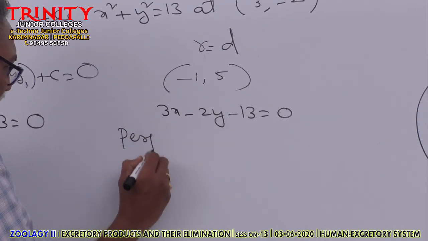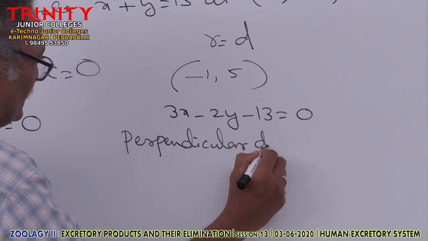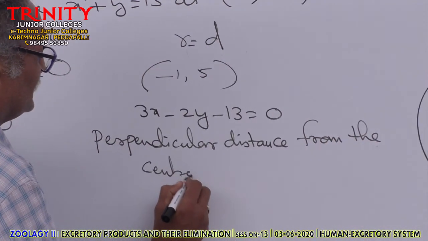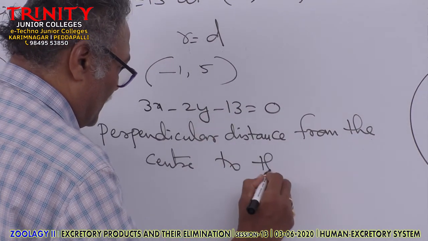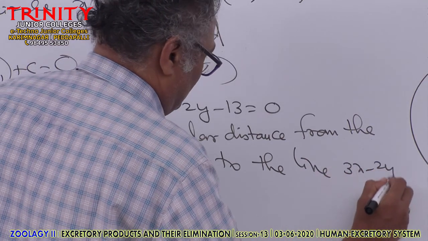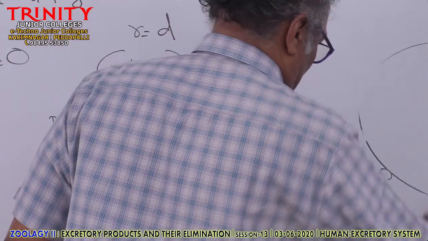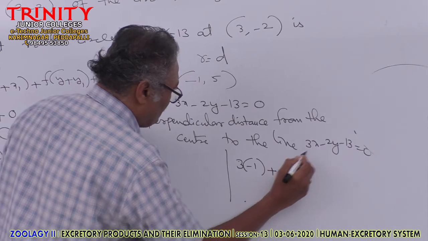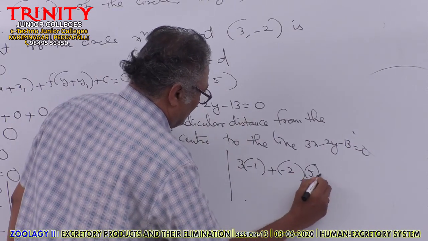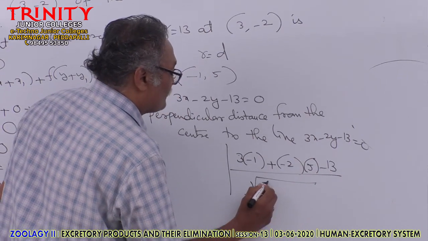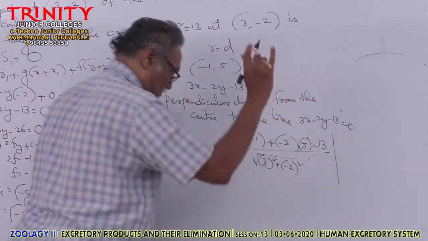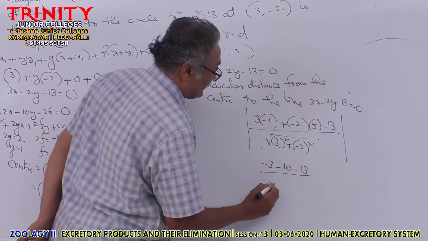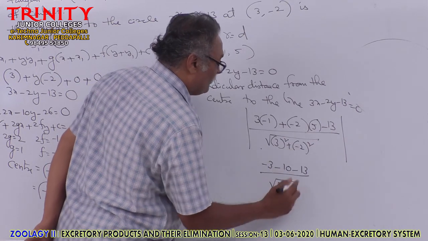Now, the perpendicular distance from the center to the line 3x minus 2y minus 13 equals to 0 is mod of ax1 plus by1 plus c by square root of a square plus b square, that is minus 3 minus 10 minus 13 by square root of 3 square 9 plus 4, 13.